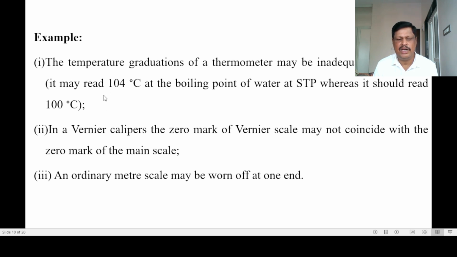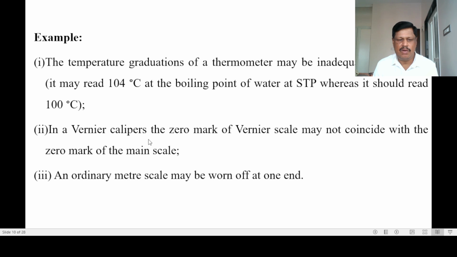We all know that at STP the boiling point of water is 100 degrees centigrade. If the thermometer shows 104 degrees centigrade, it is an error. The difference between the true value and the measured value is called an error.